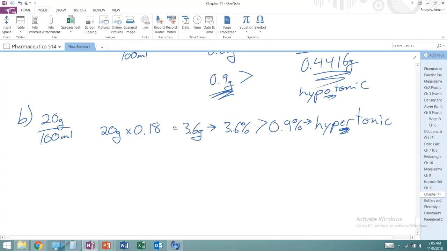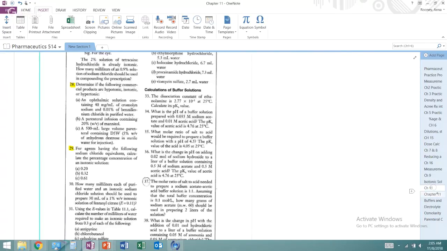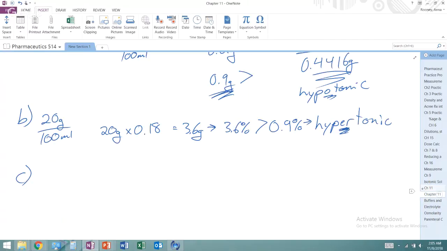And then C is a 500 milliliter large volume parenteral containing D5W, which is 5% weight per volume of anhydrous dextrose in sterile water for injection. So when we get into compounding lab, we get to deal with this all the time.